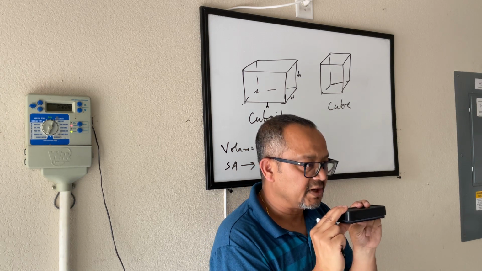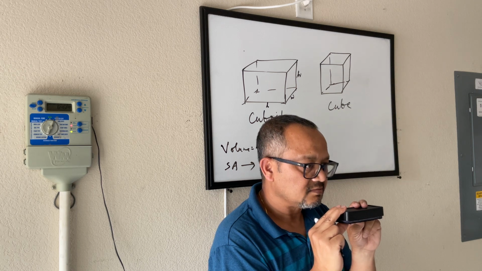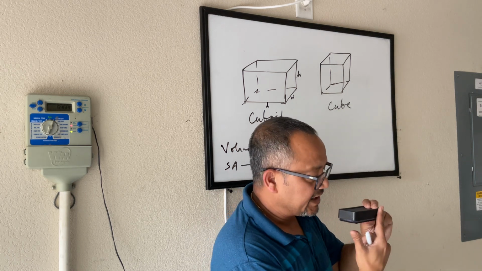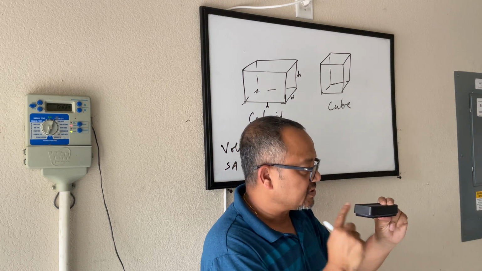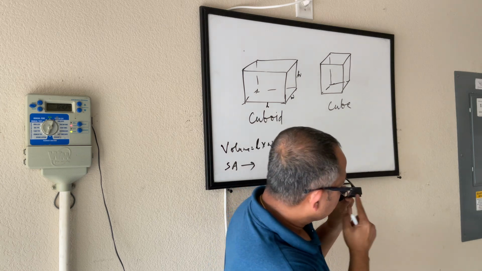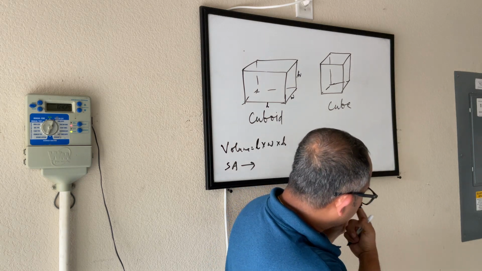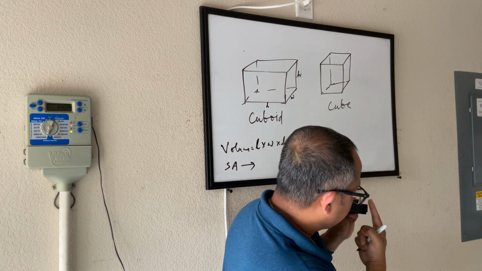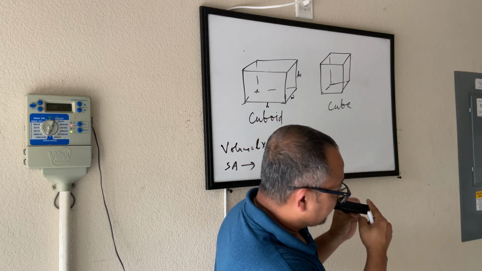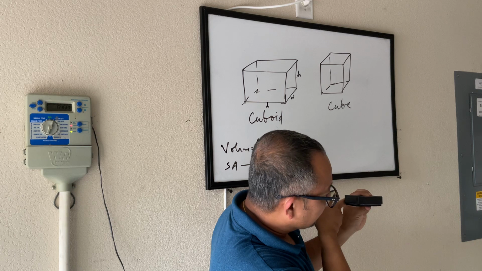Am I going at an okay pace for everybody? Yeah. Fine. So every side that you see, there's a corresponding opposite side, and they are exactly the same. Let's say this is my length, this is my width, and this is my height. Okay, remember this. This side is height. This area is length times width, and I have a copy of that in the back.